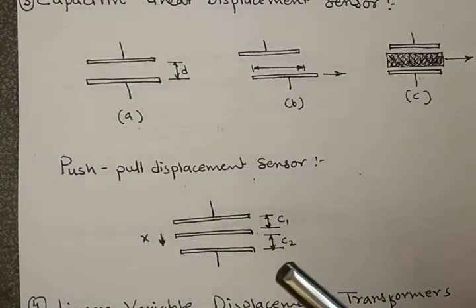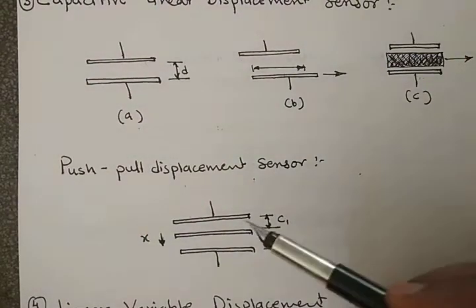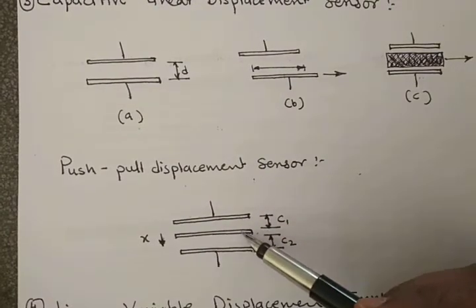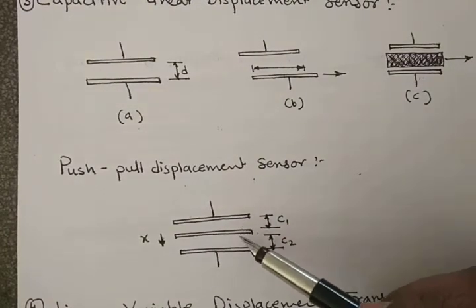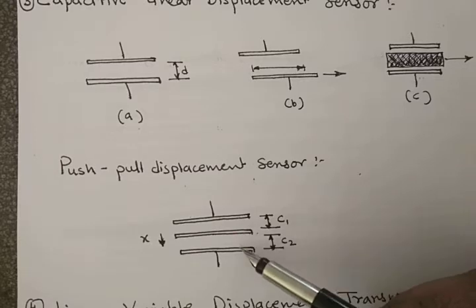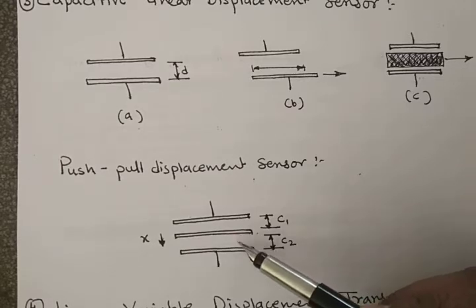Now if we give a displacement to the central plate in the downward direction, what will happen? The separation distance between the upper plate and center plate will increase, and the distance between the lower plate and center plate will reduce.